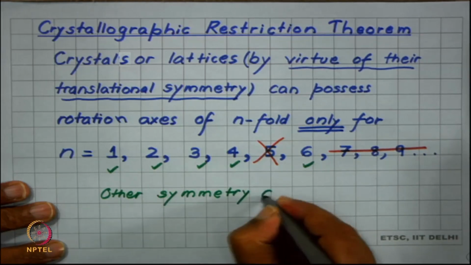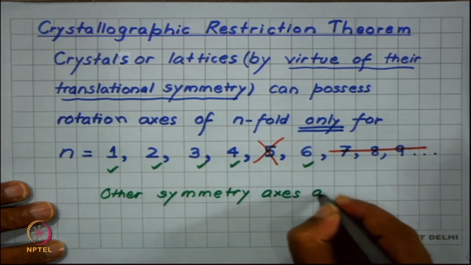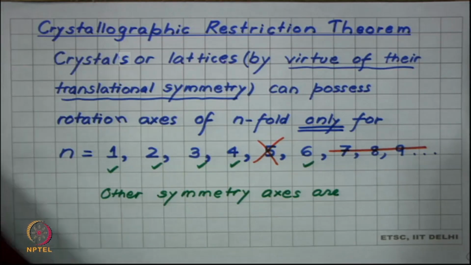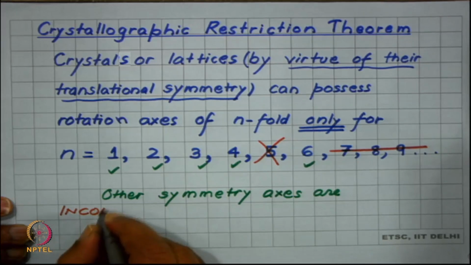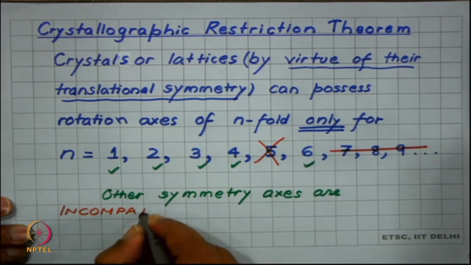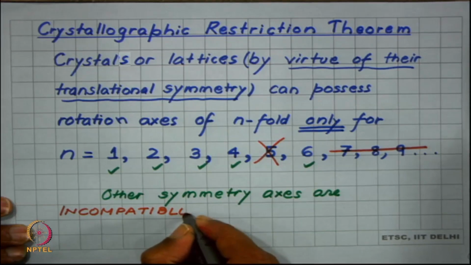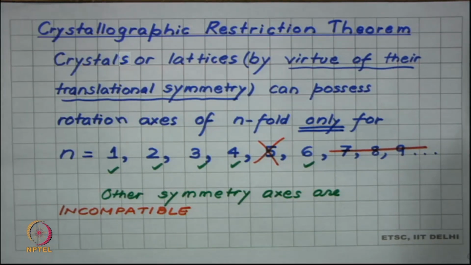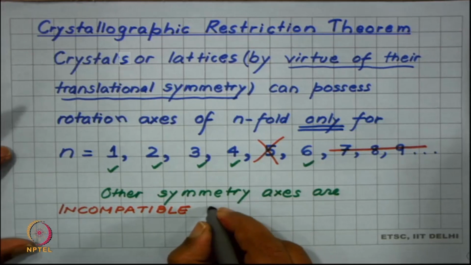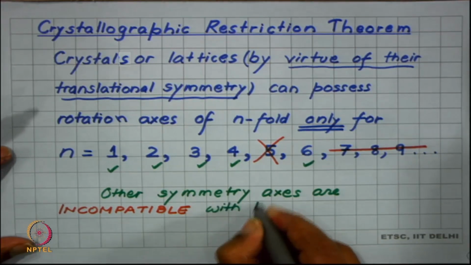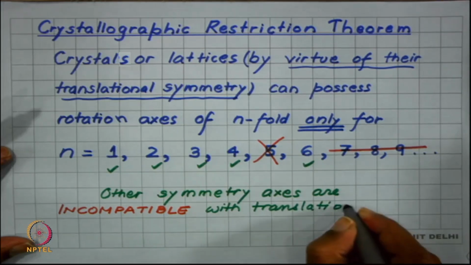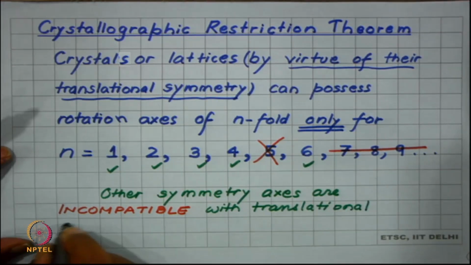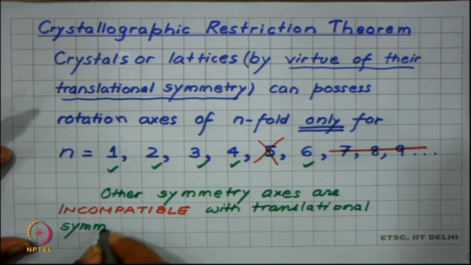Other symmetry axes are incompatible with translational symmetry.